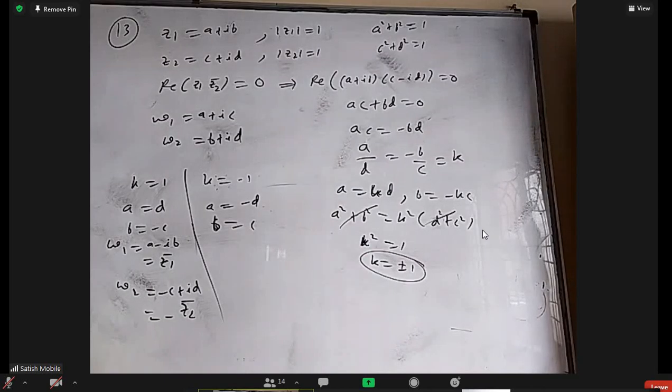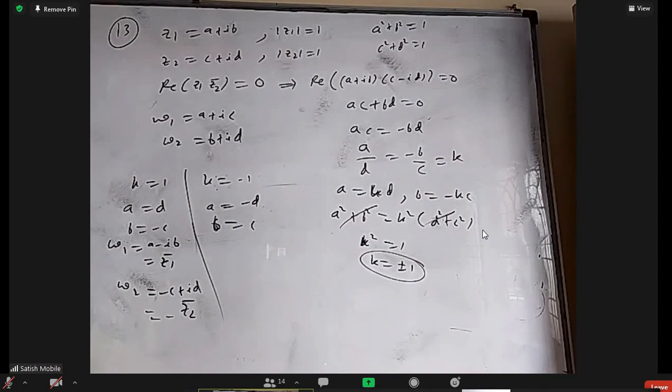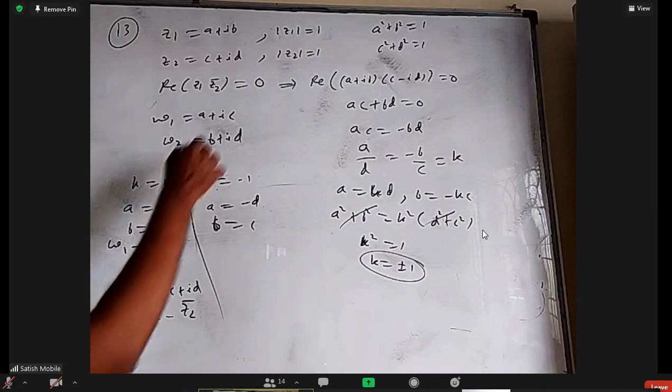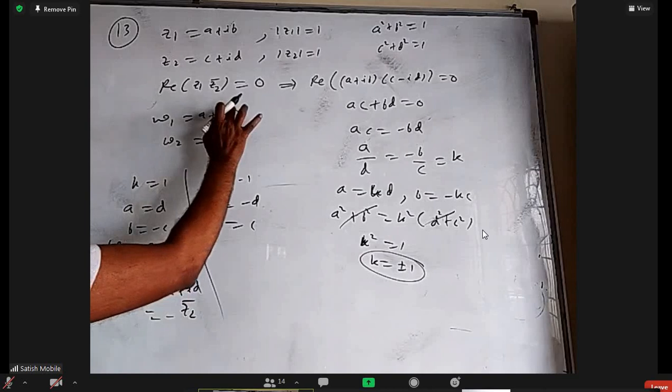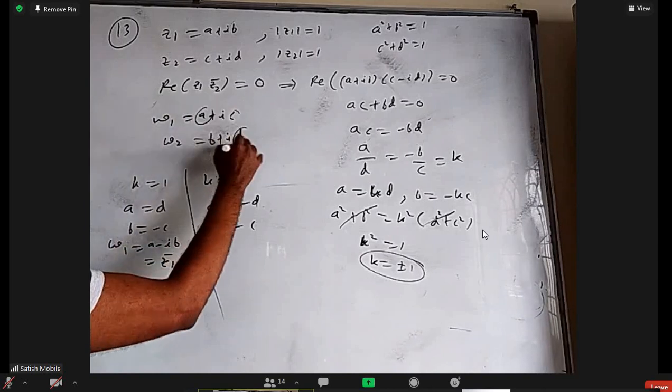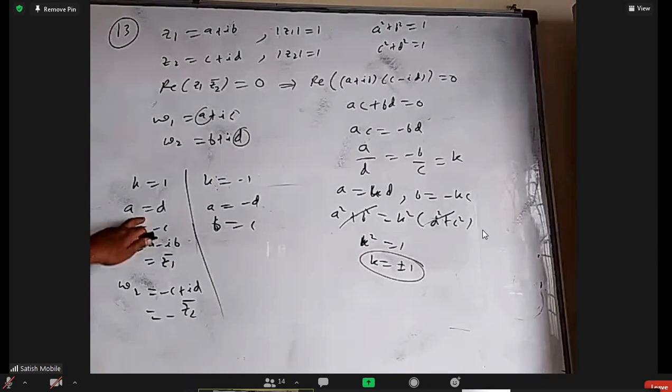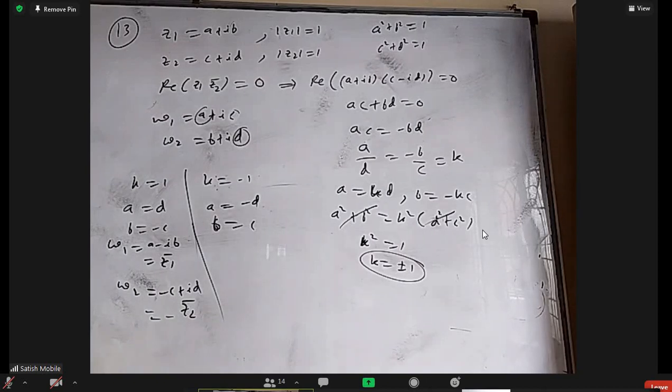Is it right? The real part of W1 is A, and the imaginary part of W2 is D. Here they are equal, but in another case they are not equal.